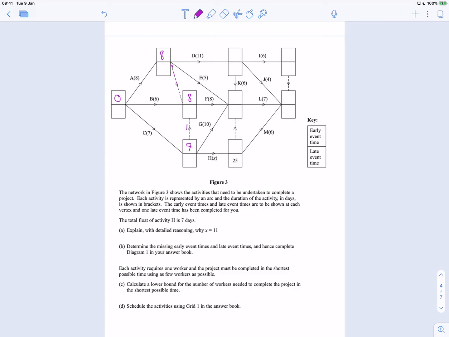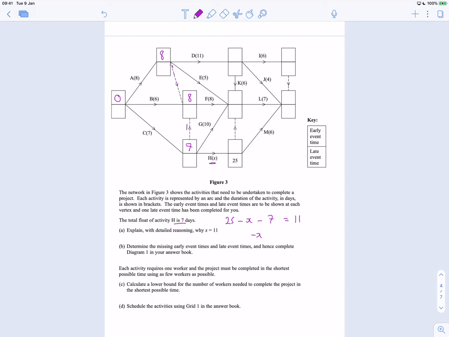Now, next up, if I look at this, for example, the float is 7. So that means the late time, which is 25, minus x, minus the early start time, which is 7, this must equal 11. So on the left-hand side, I'm going to have minus x, and then 25.